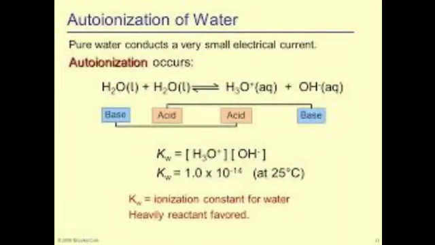The product of molar concentration of hydronium or hydrogen ions and hydroxyl ions at equilibrium in pure water at the given temperature is called the ionic product of water. In pure water, the H3O+ ion concentration is always equal to the concentration of OH- ion.